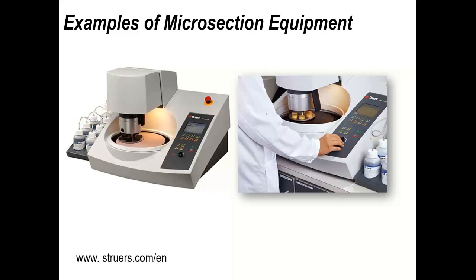And again, you have automatic feed of the different materials, the different chemicals to the surface, and all you need to do possibly is just change from grinding papers to polishing papers, or you may have a separate system for polishing. And these systems are so sophisticated that they can take off a certain amount of material from your section. So they're actually doing measurements as well. Again, the sophistication is amazing nowadays as opposed to when I very first started doing microsections.